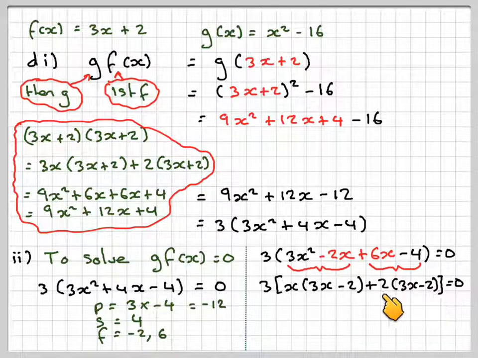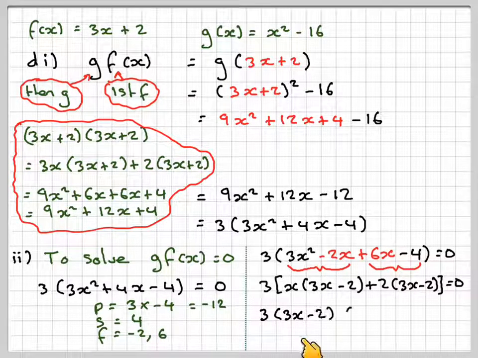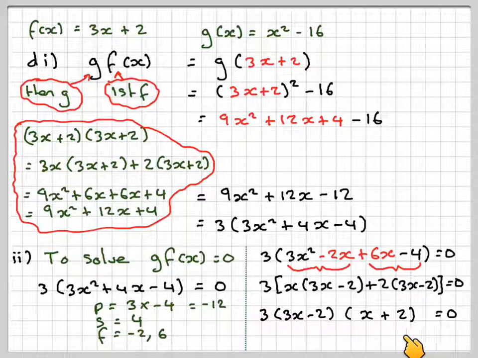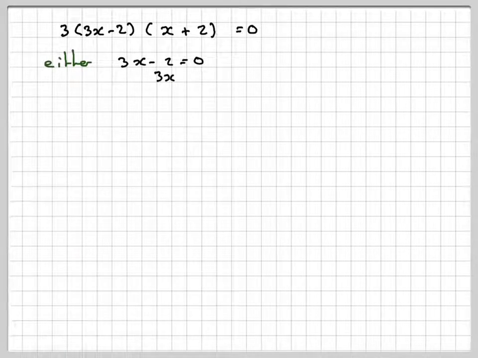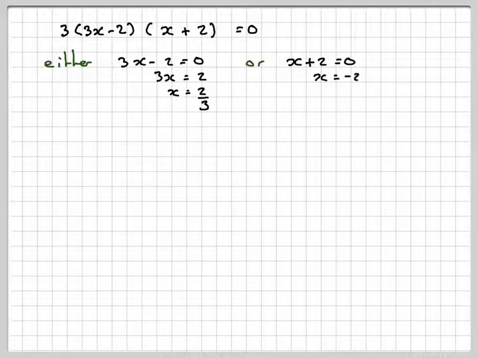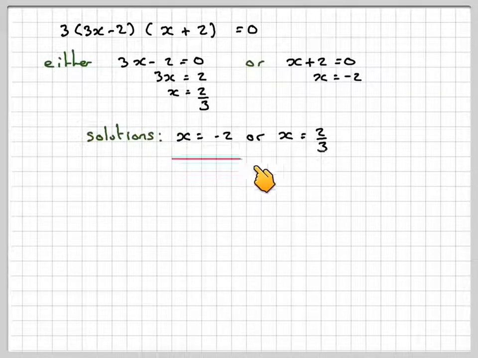Okay, common factor of 3x minus 2, that comes out. So we get 3 brackets 3x minus 2 times x plus 2. From here, either 3x minus 2 is equal to 0, which gives x is equal to 2/3, or x plus 2 is equal to 0, which gives that x is equal to minus 2. Therefore, the solutions are x is equal to minus 2 or x is equal to 2/3.